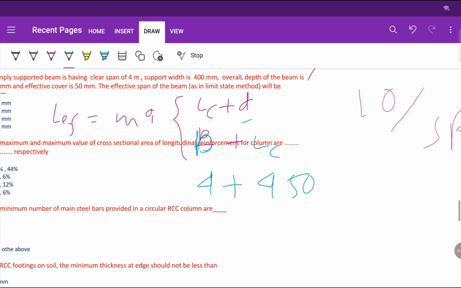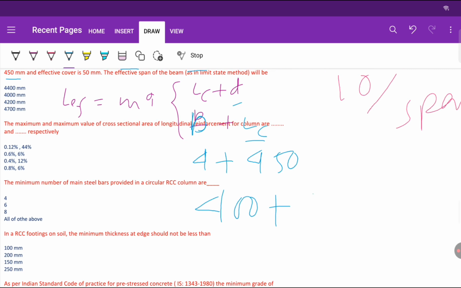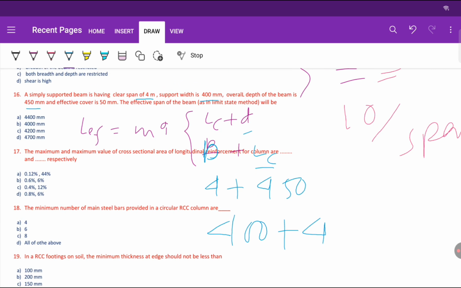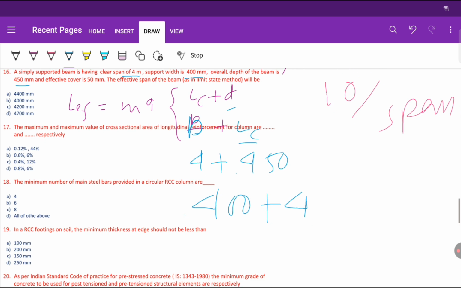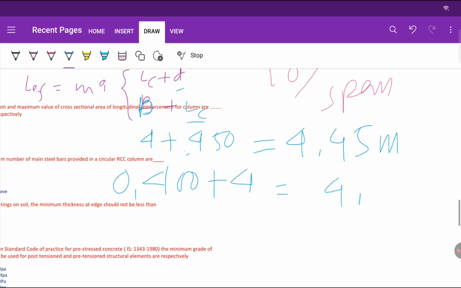The next condition: the width is 400 mm plus L clear, which is 4 meter, right? So this is in mm, right? So 4.45 meter, and the next one is 4.4 meter.